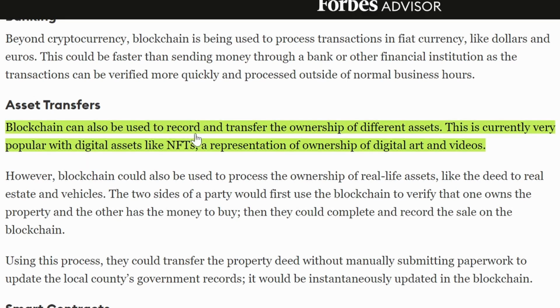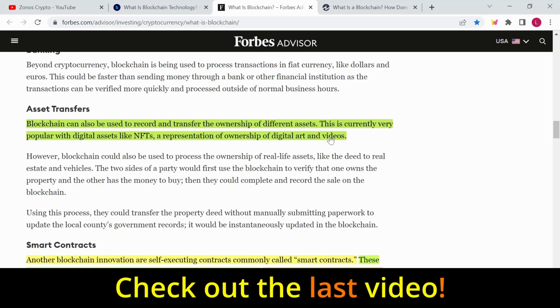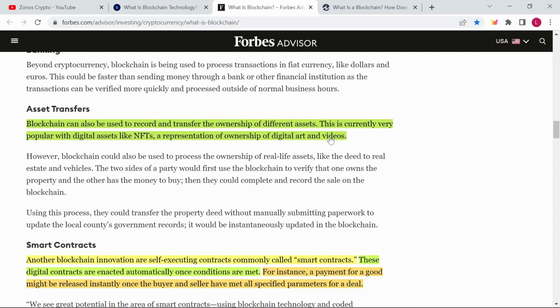Blockchain can also be used to record and transfer the ownership of different assets. This is currently very popular with digital assets like NFTs, a representation of ownership of digital art and videos. If you want to know what NFTs really are, check out my last video and you will hear some interesting information and also an explanation about what NFTs really are.